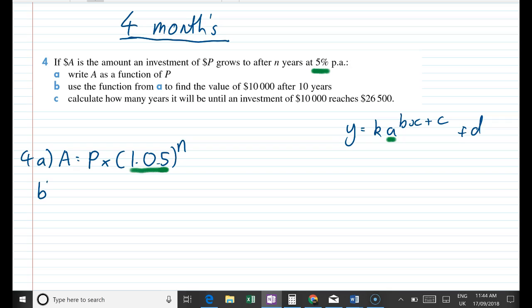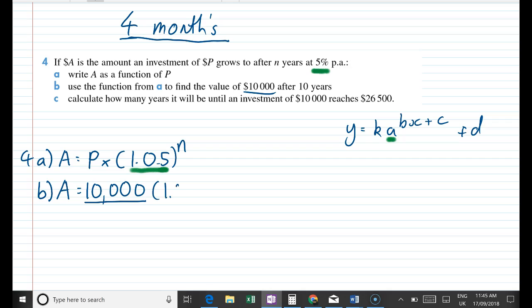Let's have a crack at part B. Write the function from A to find the value of $10,000 after 10 years. So I'm just rewriting it. A, because that's the value I'm trying to find. $10,000 is what's invested, so that goes there for P. And then 10 years is the n.